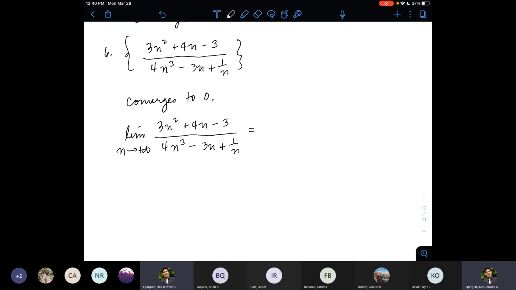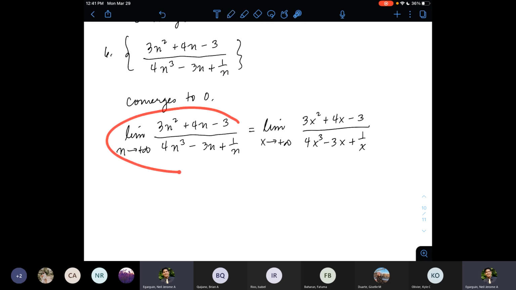And then I can use the theorem and just replace all the variables by x. The change in the variable here is a superficial change, but I'm doing it just to signify that this one is a sequence because the variable n only takes natural numbers as values, but here x can be any real number.